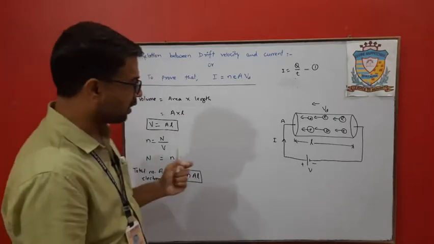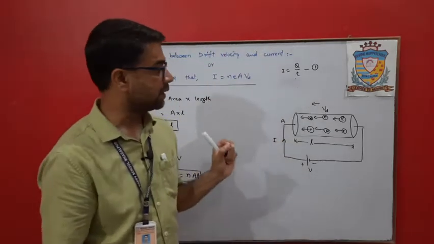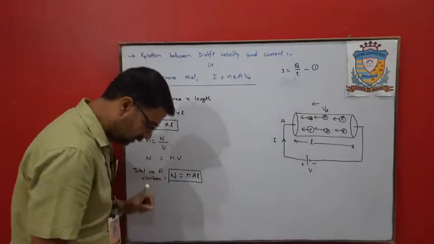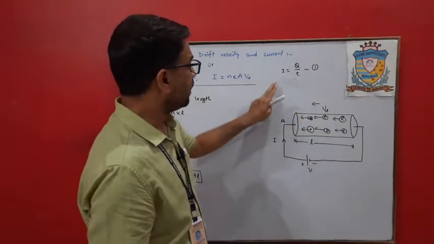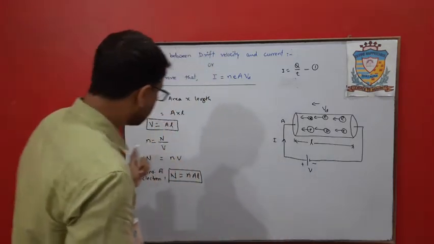Now suppose that the charge on each electron is e. Charge on each electron is e, where e will be negative, but we will only consider the magnitude and will not take the sign, that is negative.